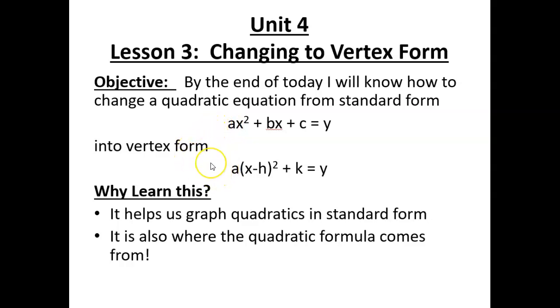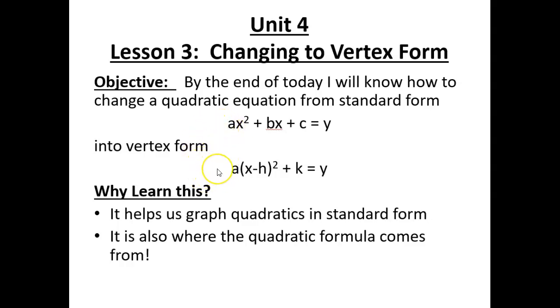One reason is because it would make graphing a little bit easier. Another reason is because it's really how we got the quadratic formula in the first place. The thing that we learned where x equals negative b plus or minus the square root of b squared, etc. The reason why that formula even exists is because of this process of changing a standard form quadratic into a vertex form.